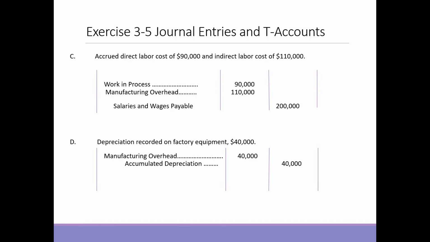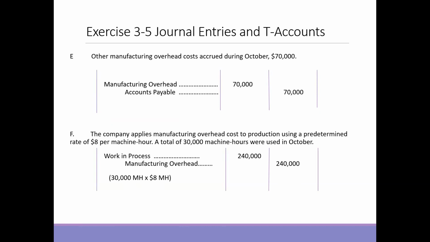Then depreciation on factory equipment will go right into manufacturing overhead. Then other manufacturing overhead costs accrued during October, 70,000. Boy, it's a big pot, isn't it? Manufacturing overhead, 70,000. Credit accounts payable for 70,000.